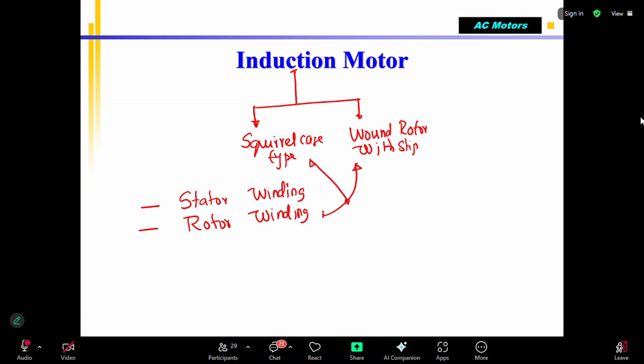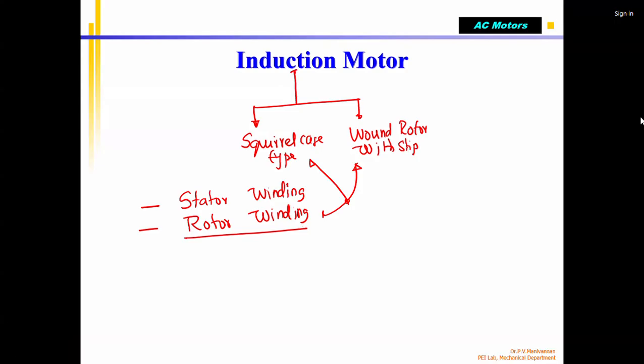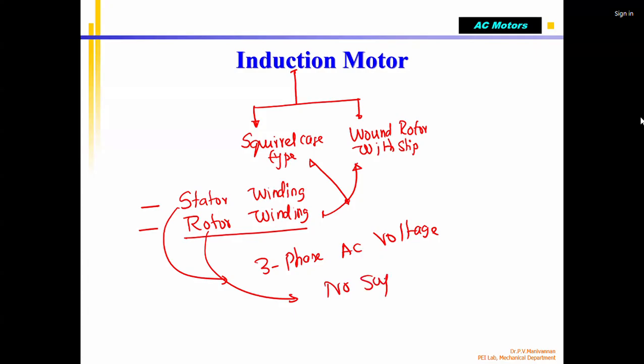Please note that this is based on the classification of the rotor winding, how the rotor is wound, the connections, all this in the rotor. But as far as the stator is concerned, it is the same. There's a three-phase stator winding, which will be supplied with three-phase AC voltage. The rotor has no supply voltage, note down.